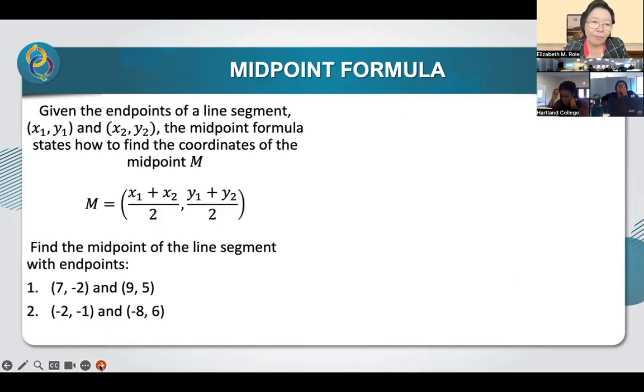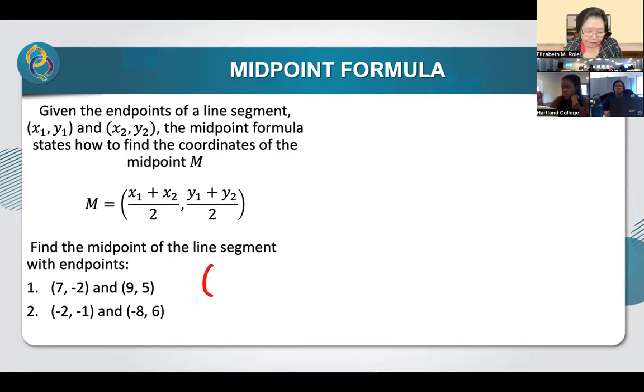Given the endpoints, you can do that with mental math. What's the midpoint of the line segment with endpoints 7, -2 and 9, 5? The midpoint will also be an ordered pair.